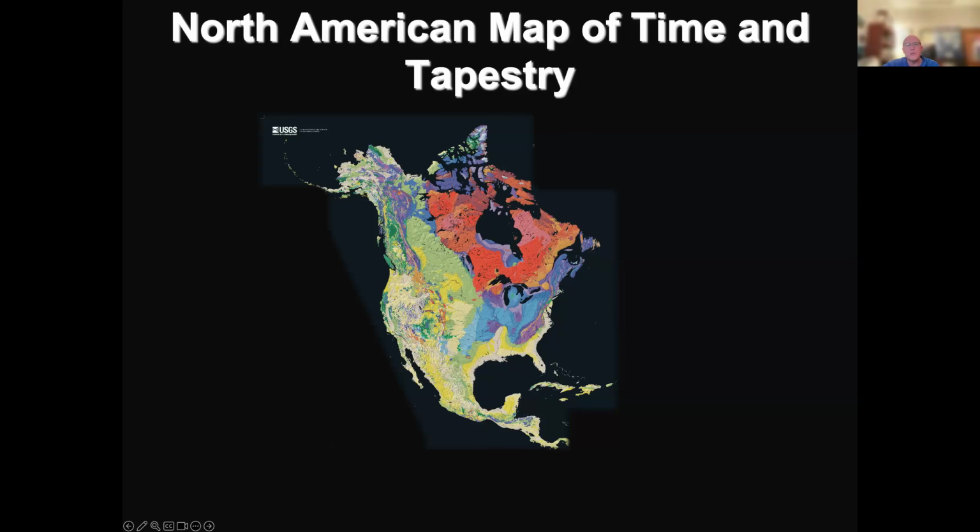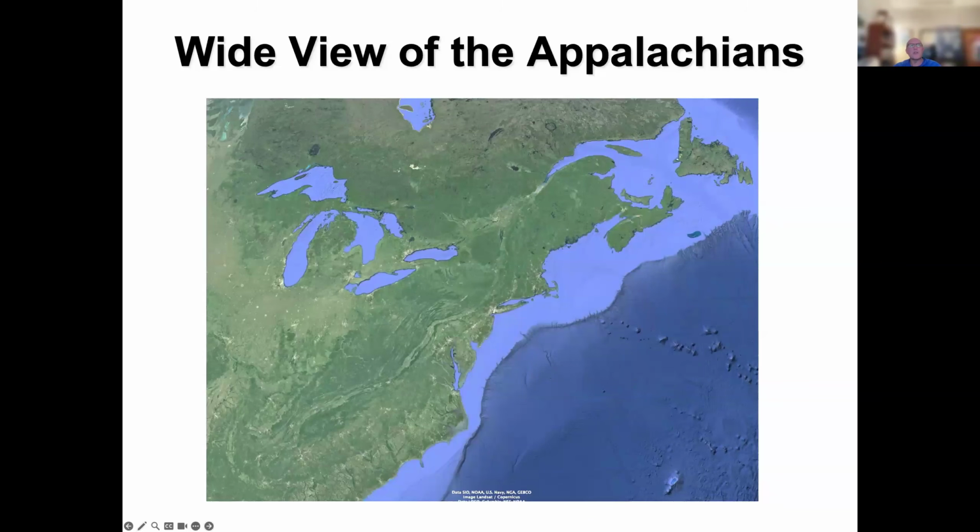And some of those can be 1 billion, 2 billion years old. So while I think this map is really helpful for getting the idea of how the Appalachians fit into North America as a whole, we probably want to zoom into a bit more detail since we're focused only on the Appalachians tonight. And so to do this, I borrowed a little bit of Google Earth.